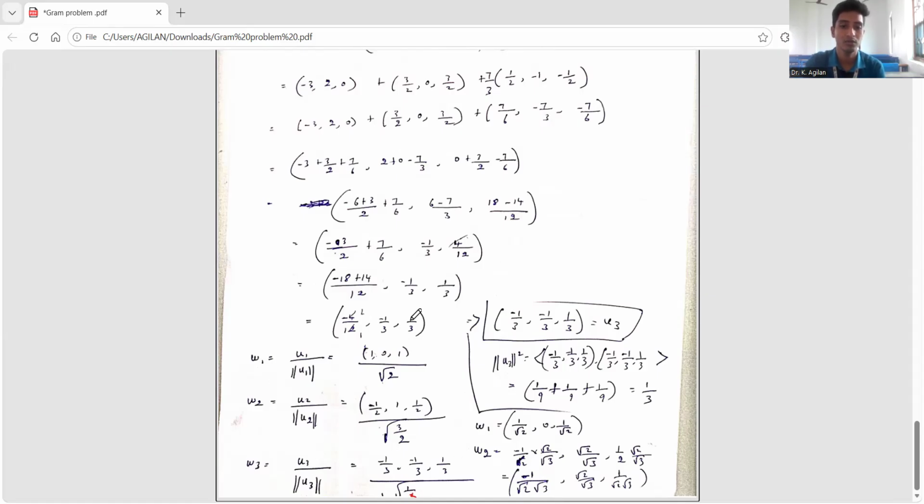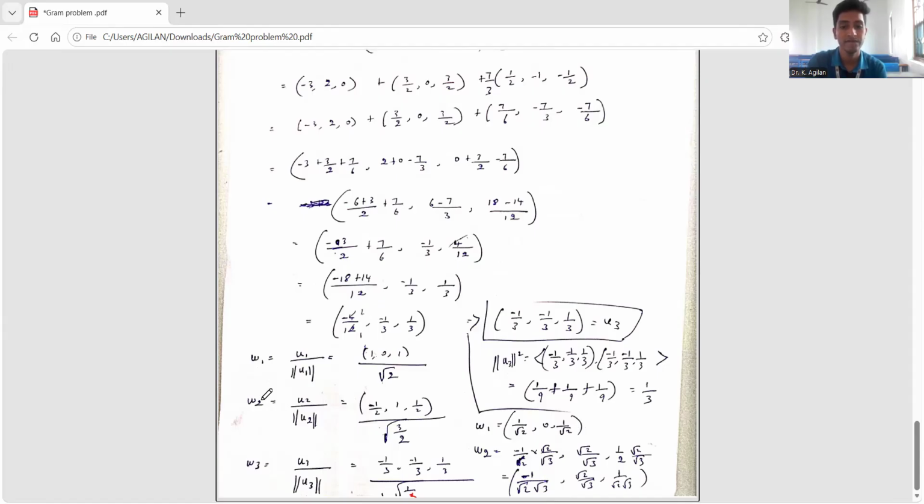So we already substituted U1, norm of U1, U2, norm of U2, U3, norm of U3. From these terms, we can find W1, W2, W3, right? This denominator should be associated with each term. So W1 is nothing but 1 by square root of 2, 0 divided by square root of 2 is 0, 1 divided by square root of 2, of course 1 by root 2.